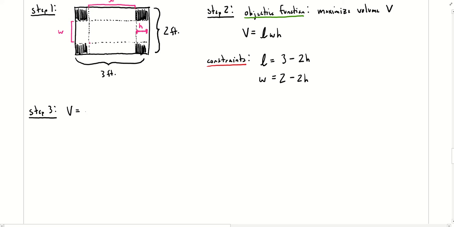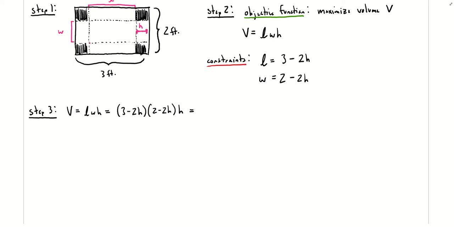So volume was originally length times width times height. I just said length could be written as this, 3 minus 2h. Width could be written like this, 2 minus 2h. And then height is still just height. So I can rewrite that whole volume equation just in terms of h. And as usual, I'm going to need to do some stuff with this volume equation. Particularly, I'm going to have to take its derivative.